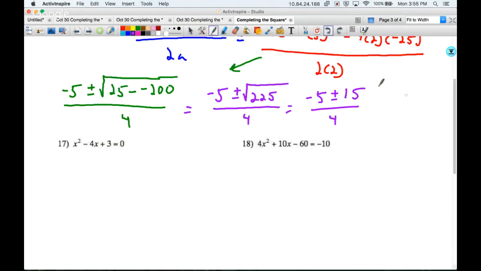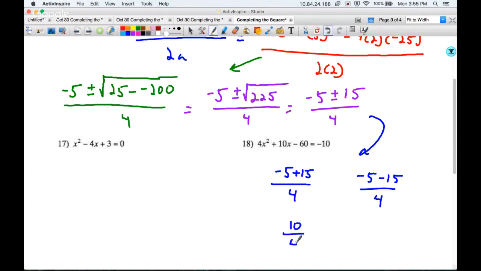And from here, we can split it into the two cases and solve each. You get negative 5 plus 15 over 4 and negative 5 minus 15 over 4. This gets you 10 over 4. We'll just leave it like that. And negative 20 over 4, which will simplify to be negative 5.